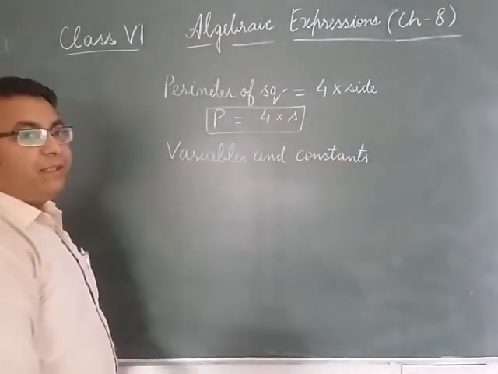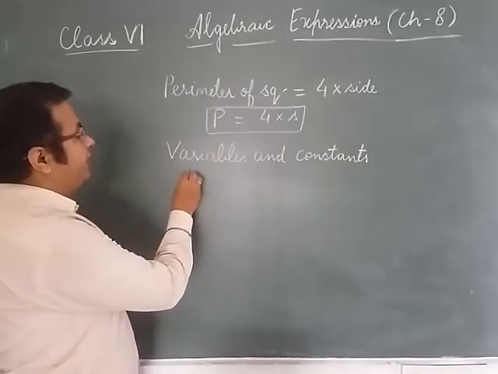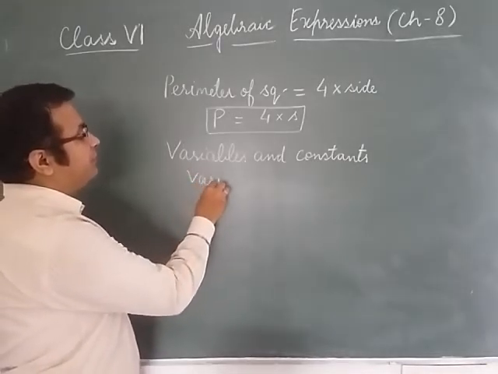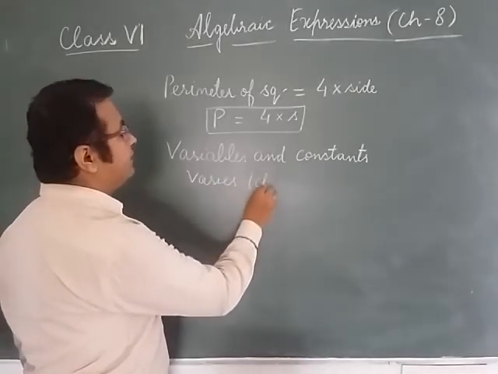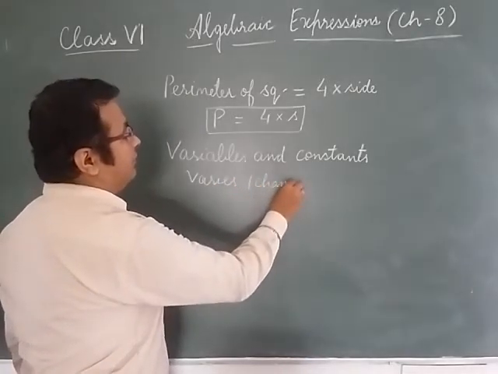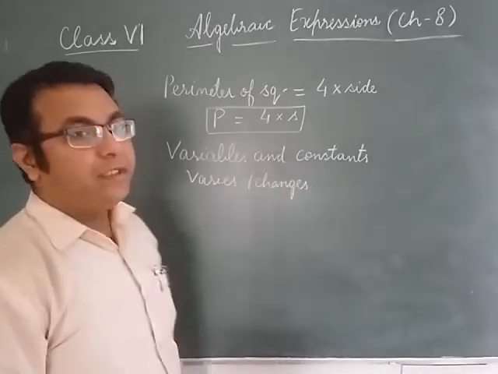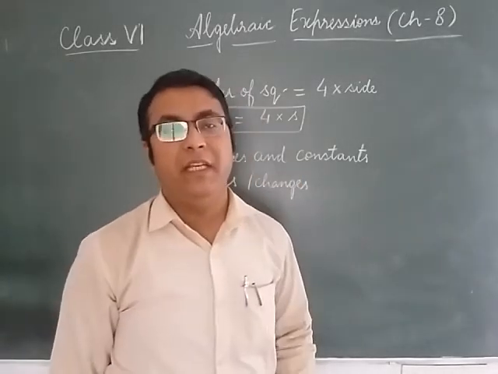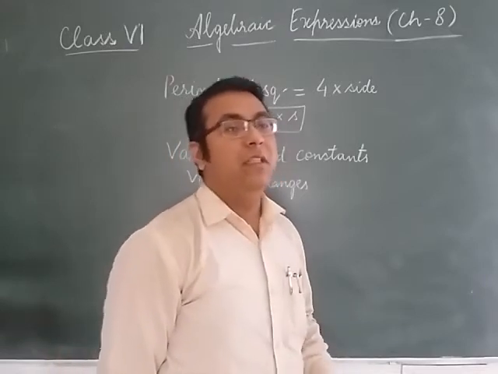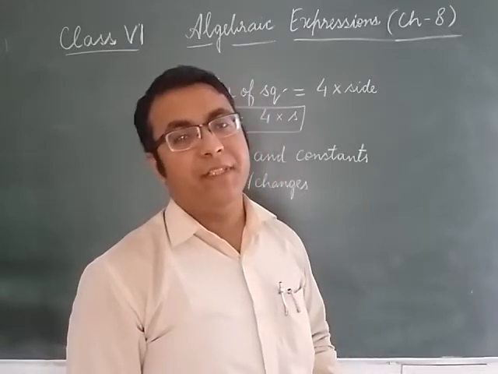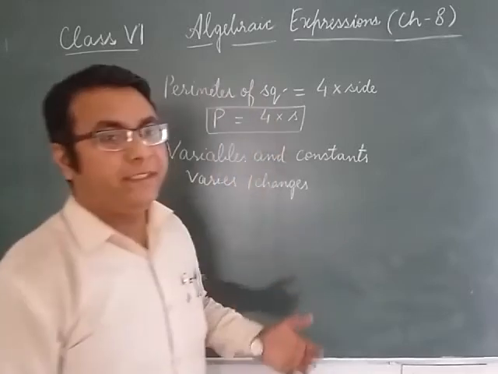Variables, as the name indicates, which varies. Variable is made from the word varies, which means changes. So variables are the symbols whose value varies or changes or does not remain fixed. Okay, it keeps on changing.